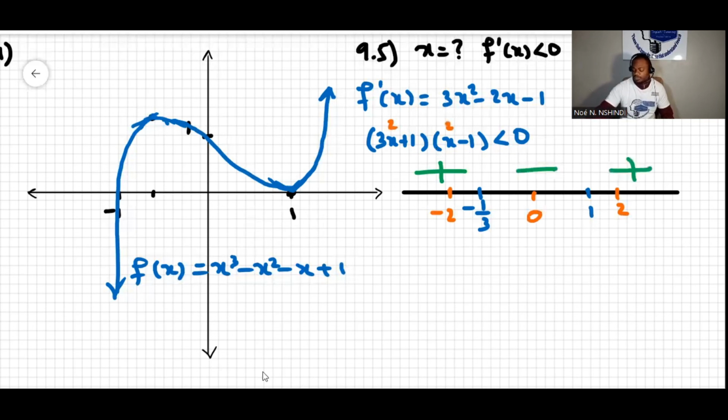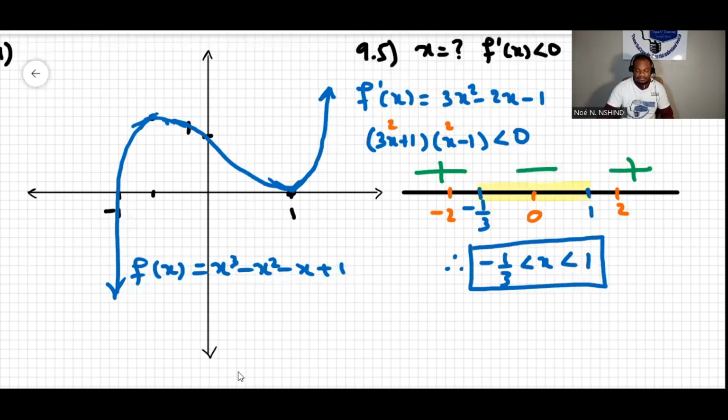Now we're looking for the values for which the derivative will be less than 0, meaning negative. So our solution is between -1/3 and 1. Therefore, we can write -1/3 less than x less than 1. So this is the solution. Okay. Thank you.